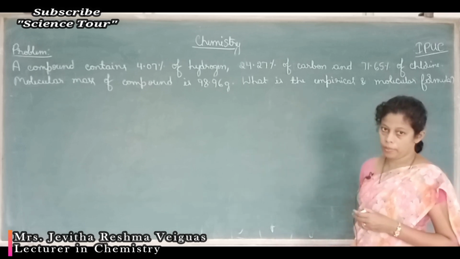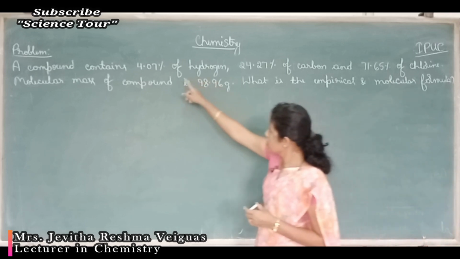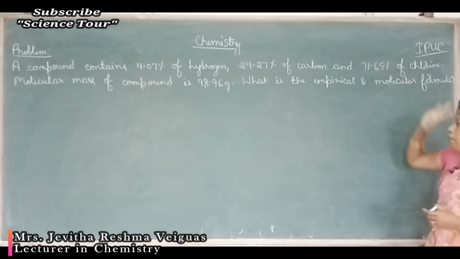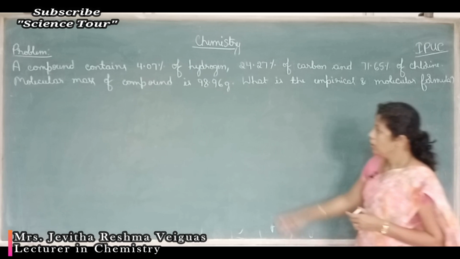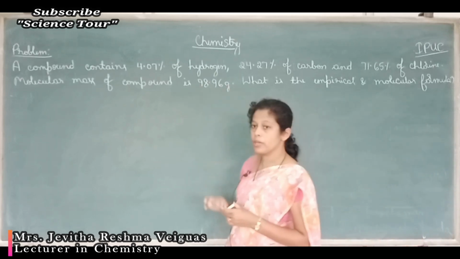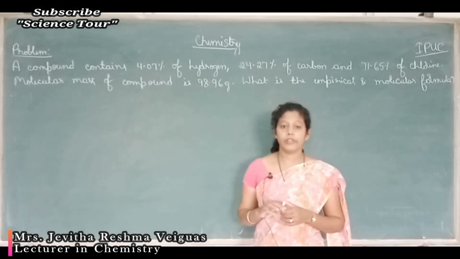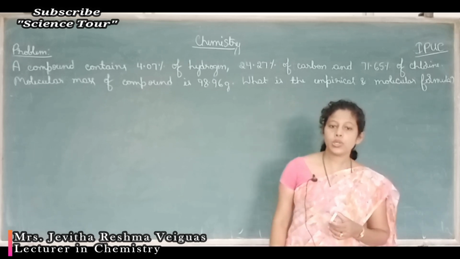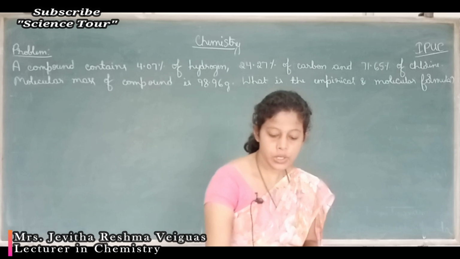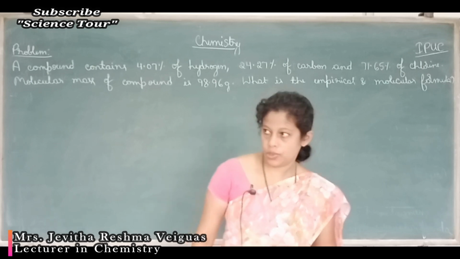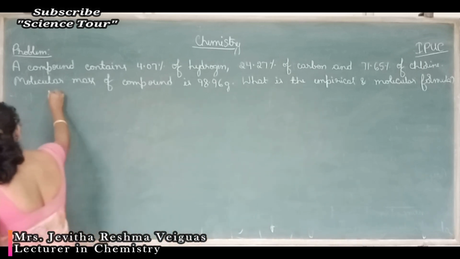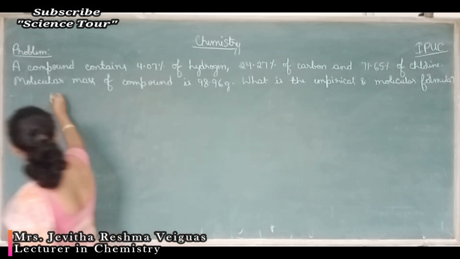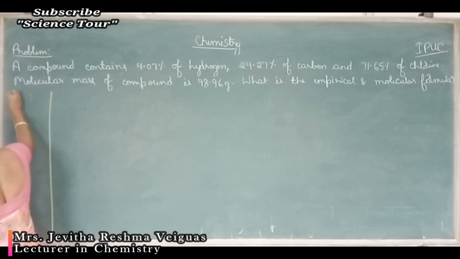Let's go through the problem once. What's given is the percentage mass of hydrogen, carbon and chlorine. The molecular mass of the compound is also given. We have to find the empirical and molecular formula. So first, what are you going to do? First, make the columns. In the first column, write the element.